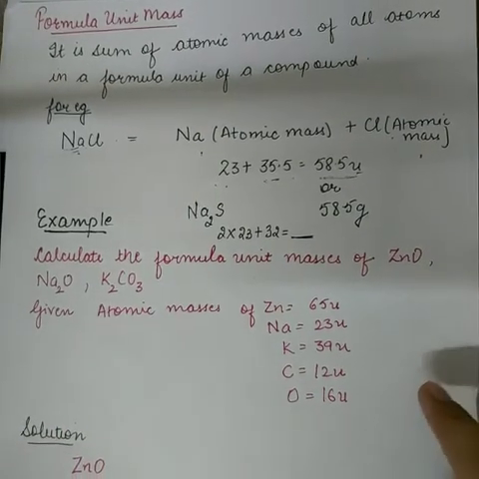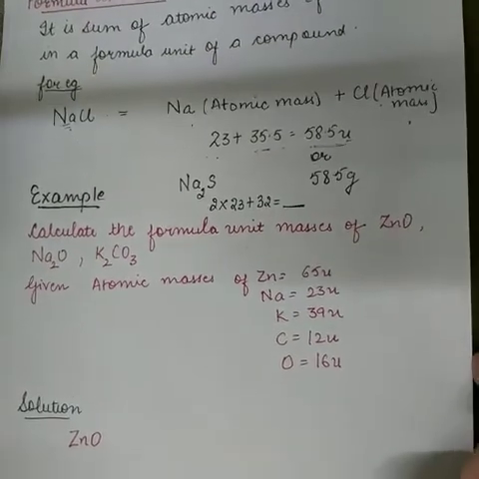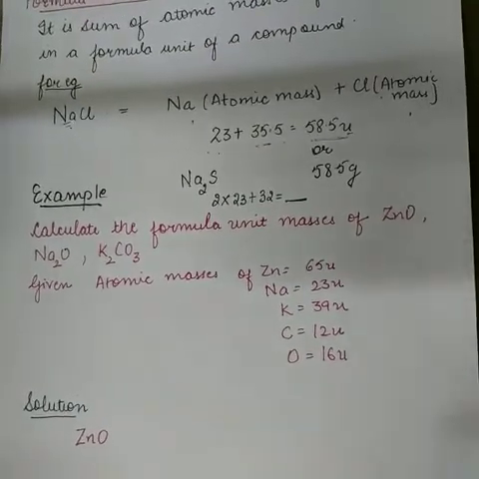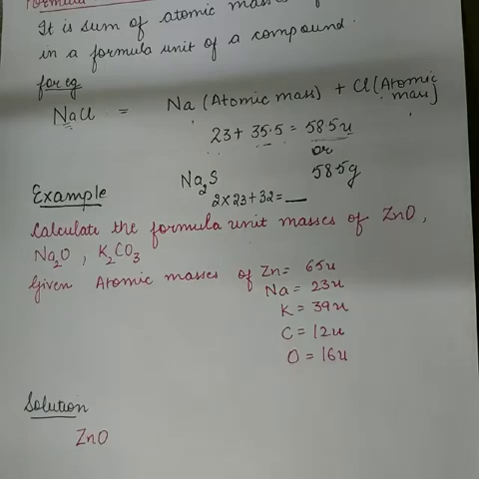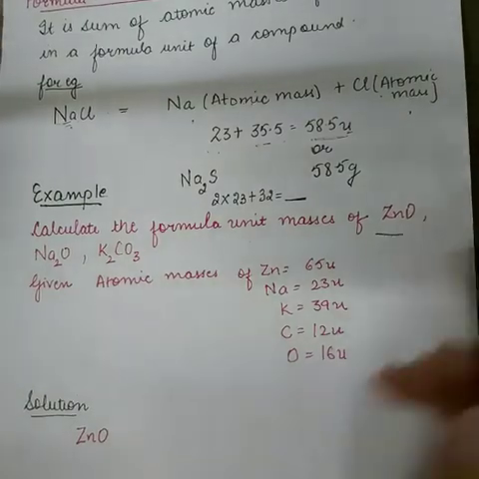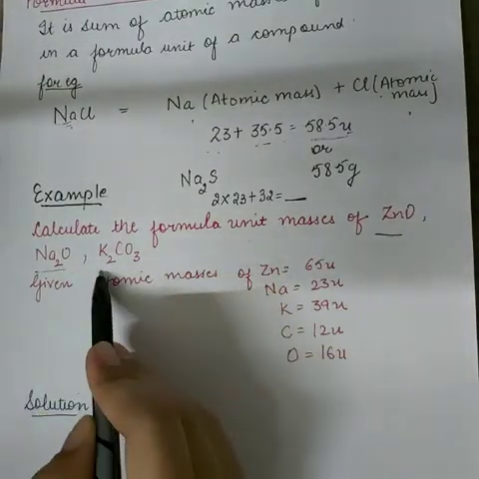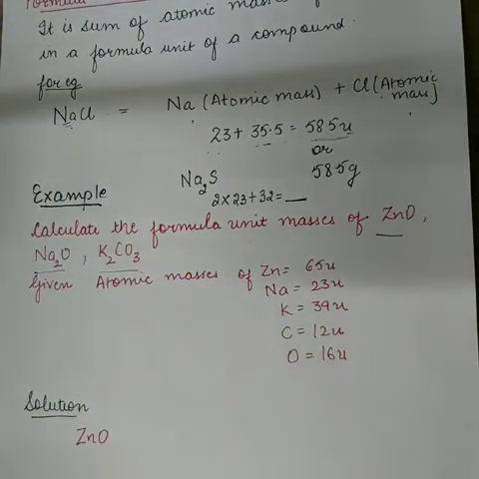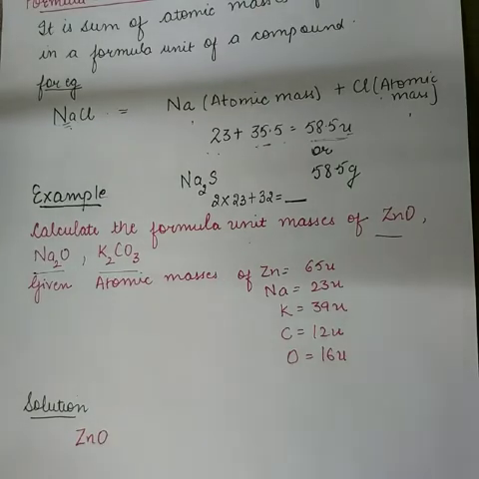Now let us do some numericals related to formula unit mass. First, calculate the formula unit mass of zinc oxide, sodium oxide, and potassium carbonate. Three compounds are given: first is zinc oxide, second is sodium oxide, third is potassium carbonate. You have to calculate their formula unit mass.